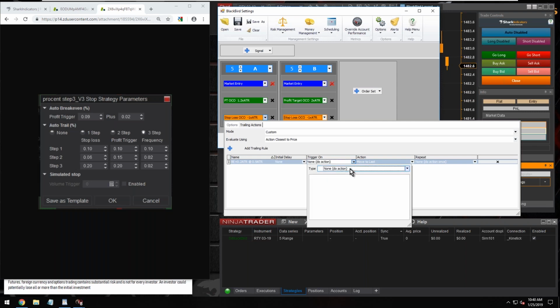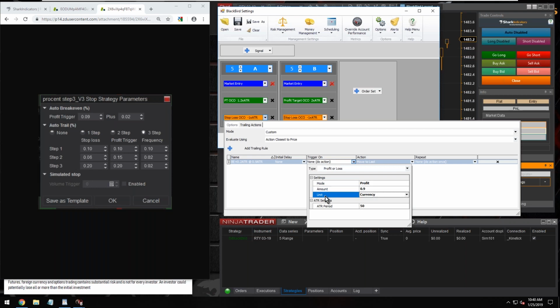So the trigger has more flexibility, more options when it comes to looking for a profit or a loss here. So we're going to select the profit or loss, right, under the trigger on. And then in here, we're looking for a profit. And the amount, well, that's going to be 0.9.